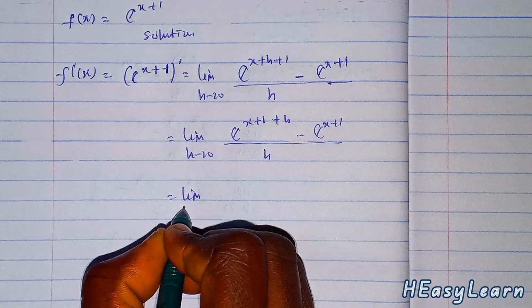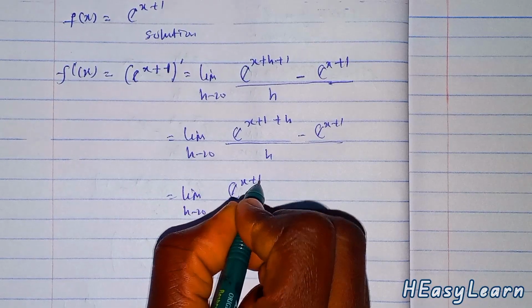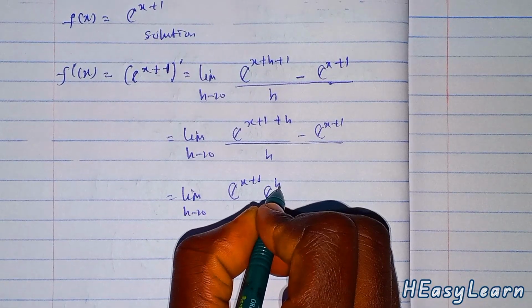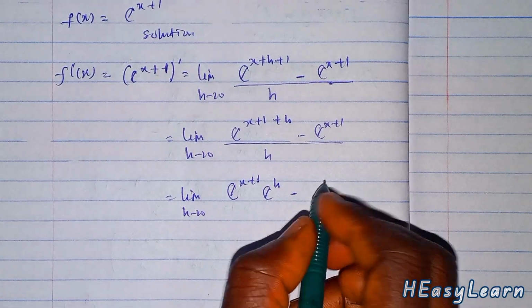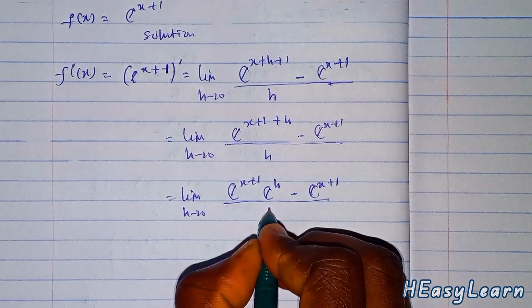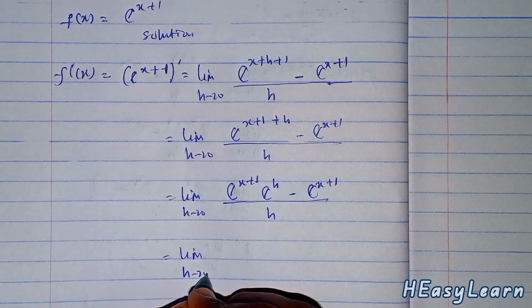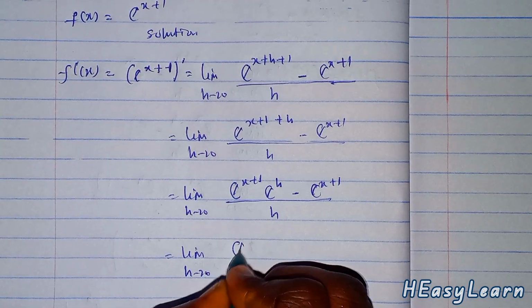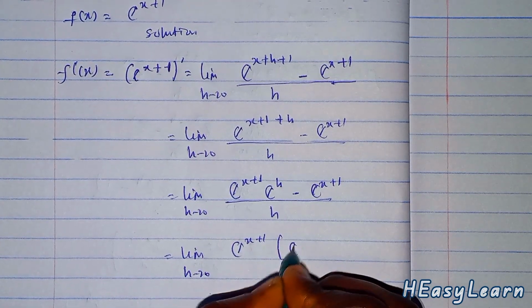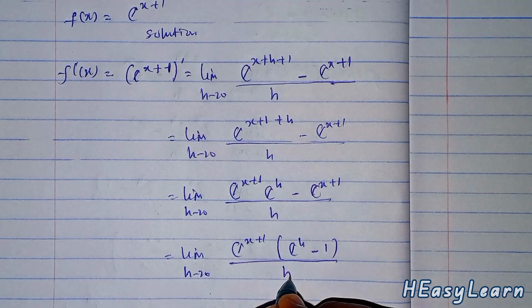Limit h approach 0 of exponential x plus 1 multiplied by exponential h, minus exponential x plus 1, over h. The limit h approach 0, exponential x plus 1 is common. Exponential h minus 1 over h.